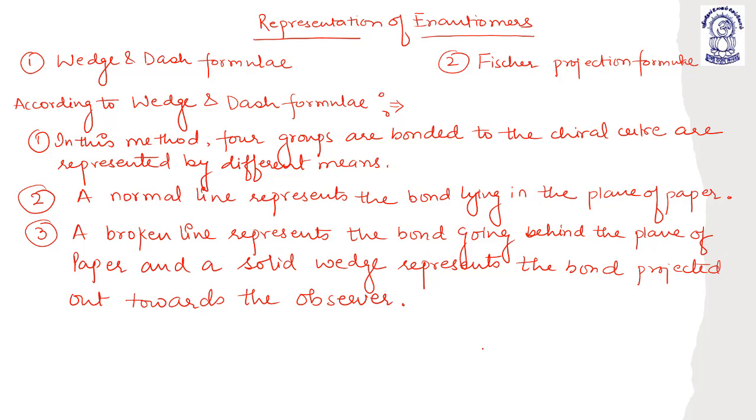Okay, this is carbon. W, Z, this is dash, X, and this is solid wedge, Y. Now here a broken line represents the bond going behind the plane of the paper.